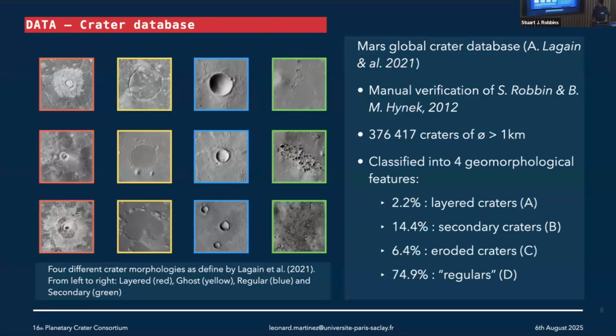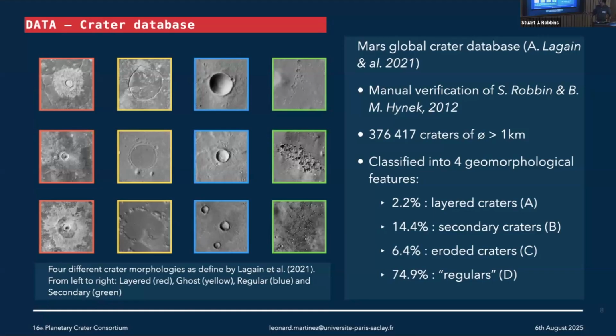not only verified the original crater database, but also labeled the craters with a few geological features that interest us. Here on the left, for the people on Zoom, we have a very specific morphological pattern that occurs when there is water in the subsurface, which I'm sure a lot of people know: layered craters.